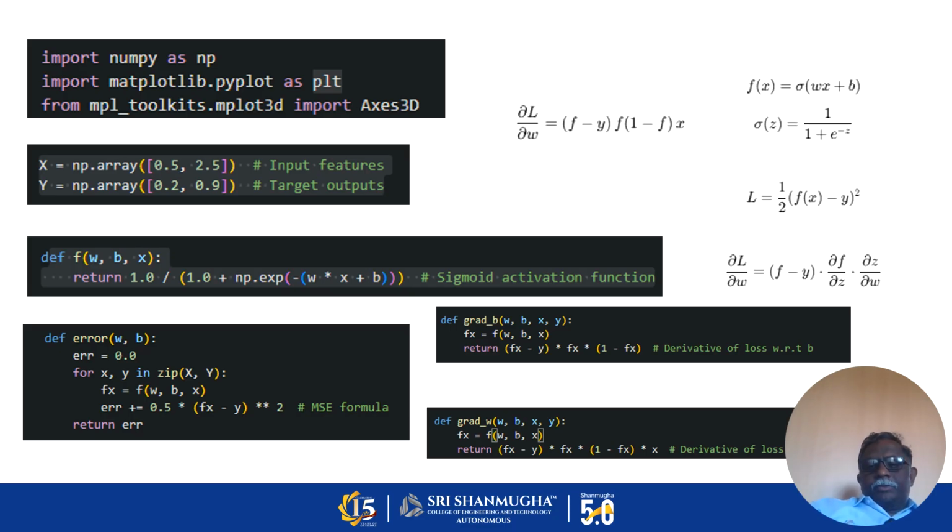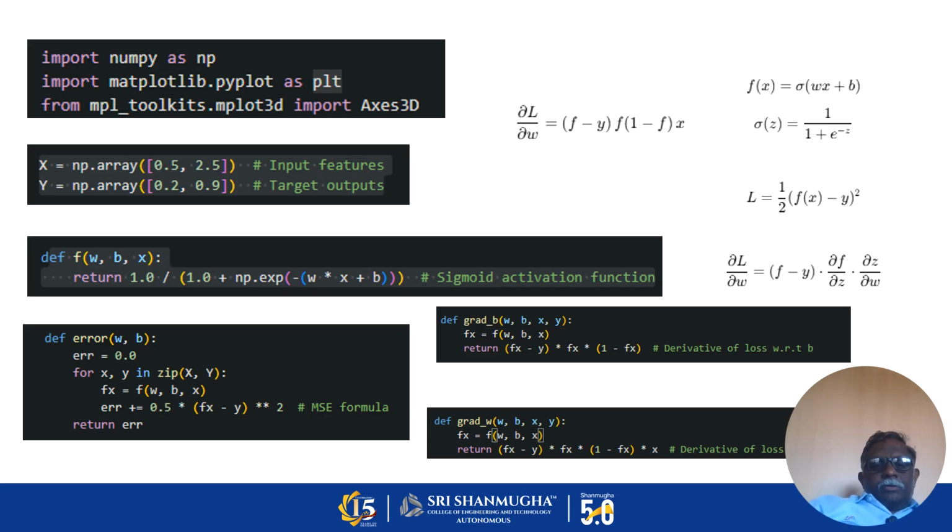When you differentiate dou F by dou Z, F is the sigmoid activation function here. The derivative of the sigmoid activation function gives (f minus y) times f times (1 minus f) times x. Similarly, when you differentiate dou Z, Z is wx plus b, and you will have only x.